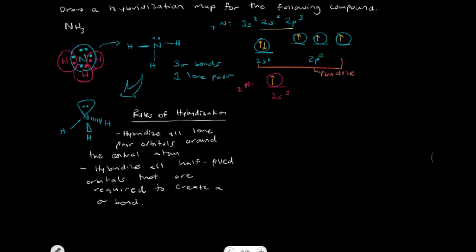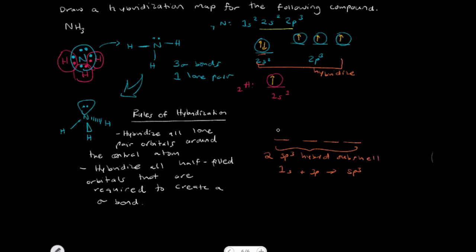When we hybridize this, you're fusing one s orbital with 3 p orbitals, right? So when you fuse one s orbital with 3 p orbitals, you get 1s plus 3p. This becomes an sp3 hybrid, right? And this whole thing here is the sp3, and this is in the second energy level, the 2sp3 hybrid subshell.